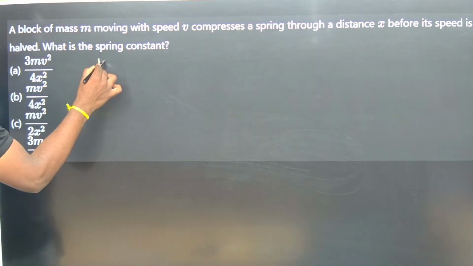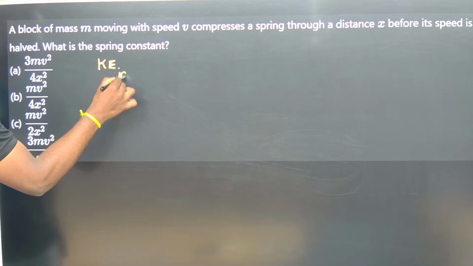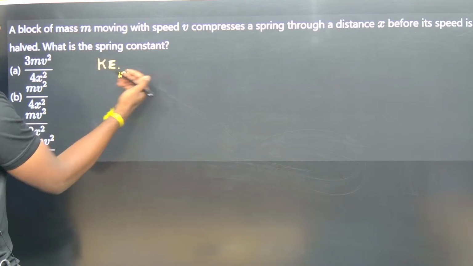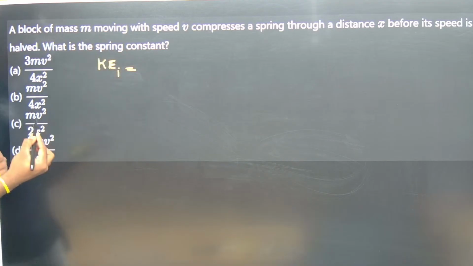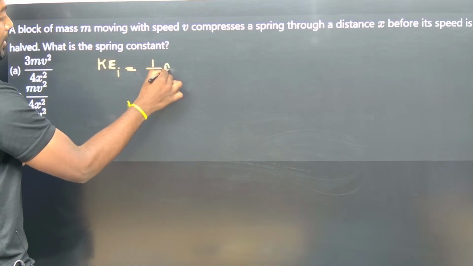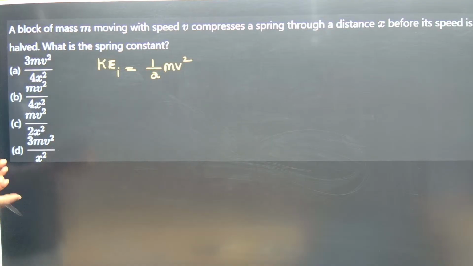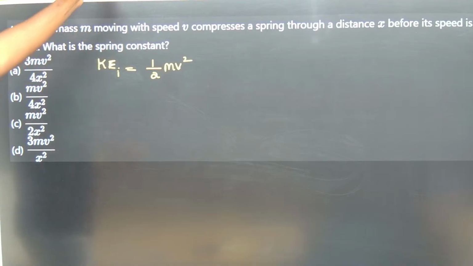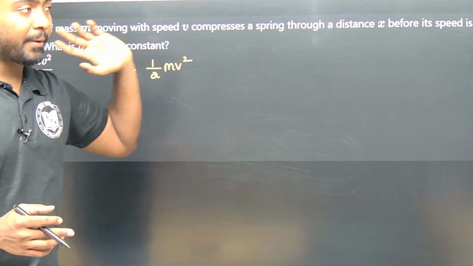So the initial kinetic energy should be equal to half m v square. Now the spring has been compressed here.